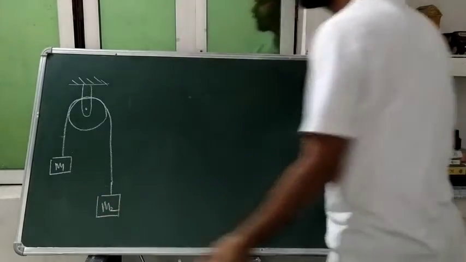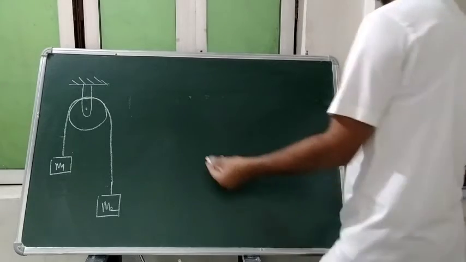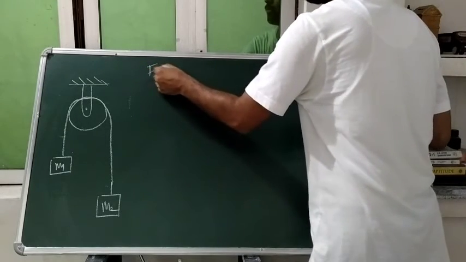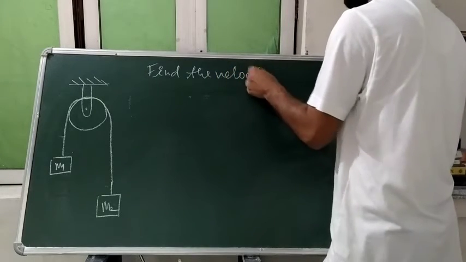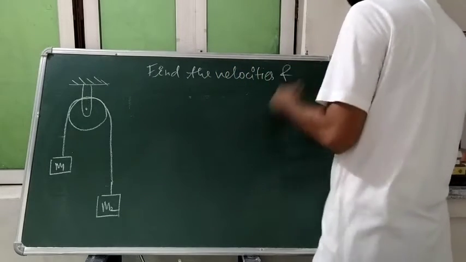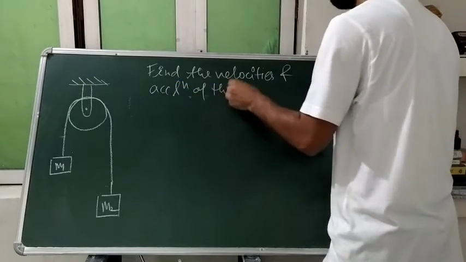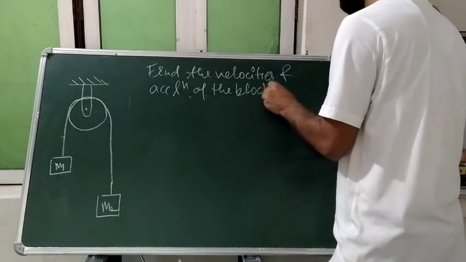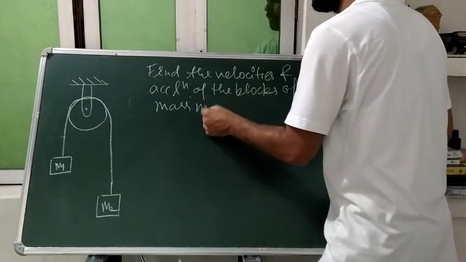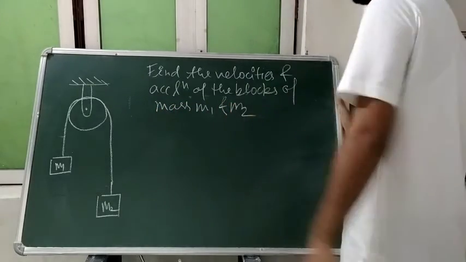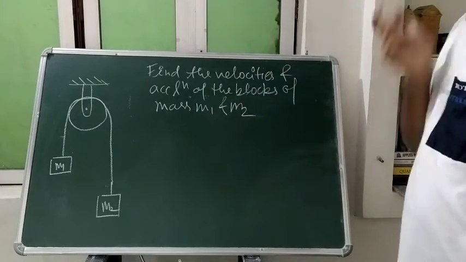If the problem asks us to find the velocities and accelerations of the blocks of mass M1 and M2, the pulley is frictionless, massless, and fixed.